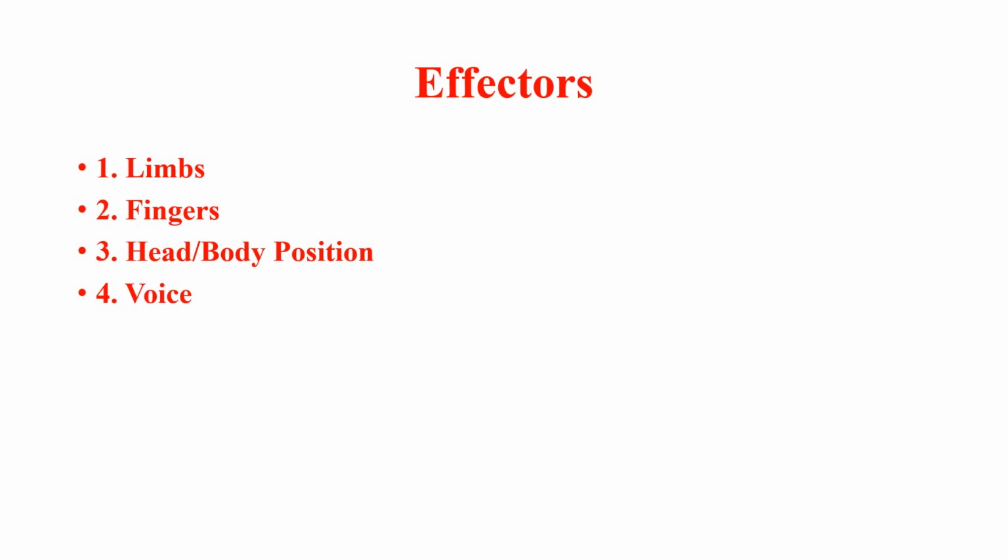Then the third type is head or body position. Sometimes there are systems in which a lock and unlock system works with your head and body position. It is an advanced system, and it is a very important effector here. Input goes to the system through the body or head position and is taken as input by the system, and according to that it processes and gives its output, which is input to the human.